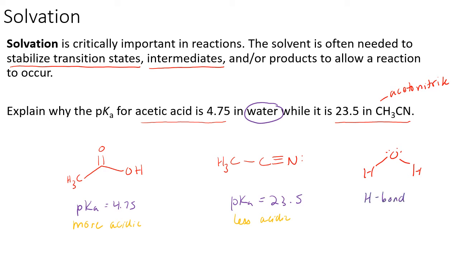So notice that if we draw the conjugate base of our acetic acid, we're going to have a negative charge on the oxygen. And that technically does have resonance. We could draw the resonance structure for that.